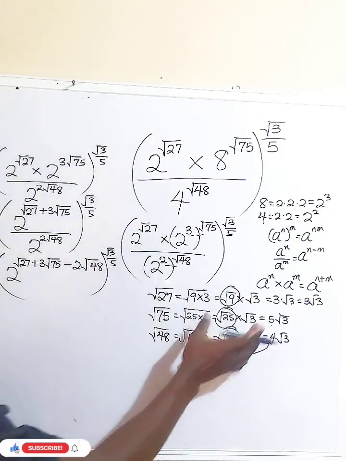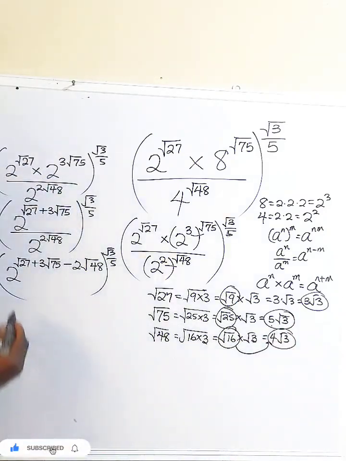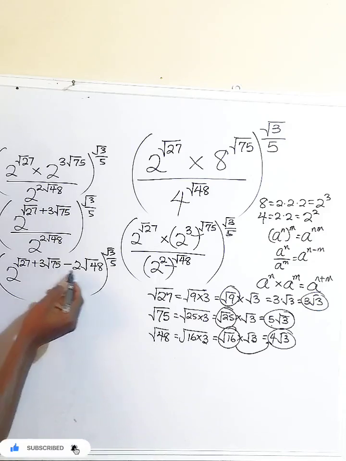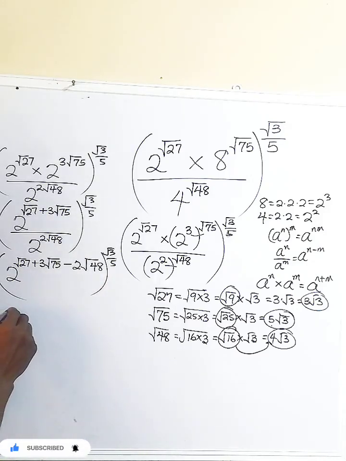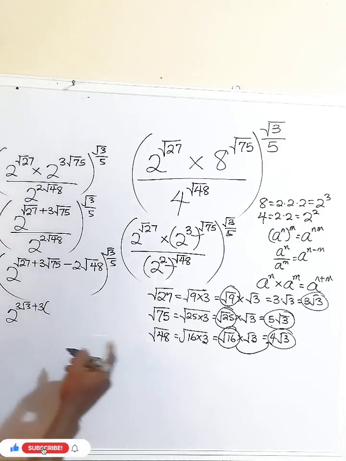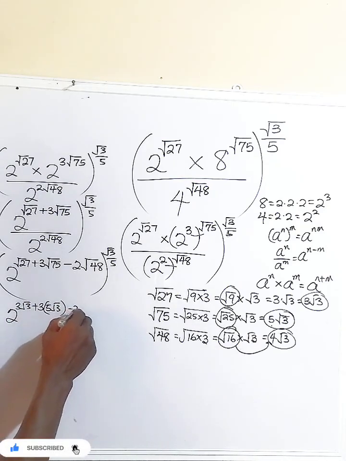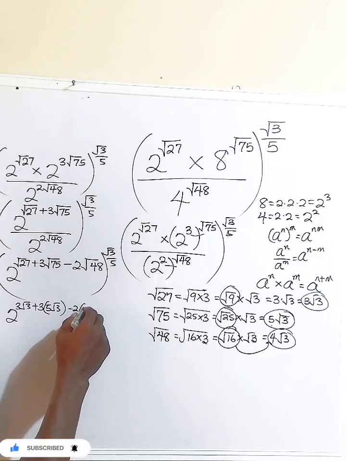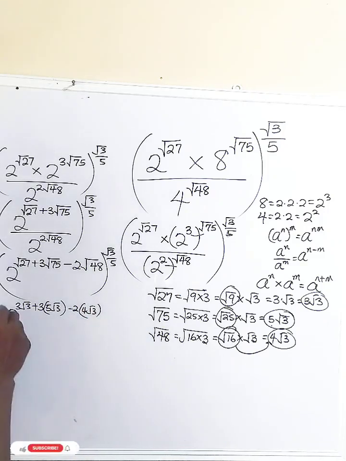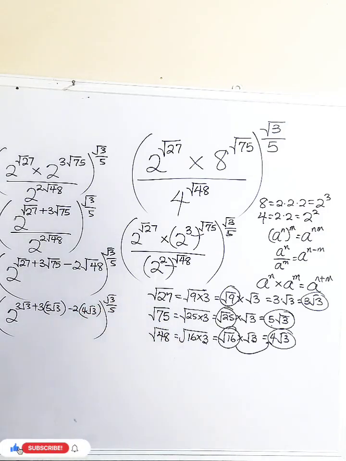So applying this to 27, 75, and 48 respectively, here you have 2 raised to the power of 3 root 3, then plus 3 into 5 root 3, then minus 2 into 4 root 3, then all raised to the power of root 3 all over 5.